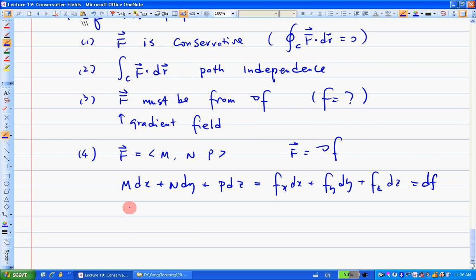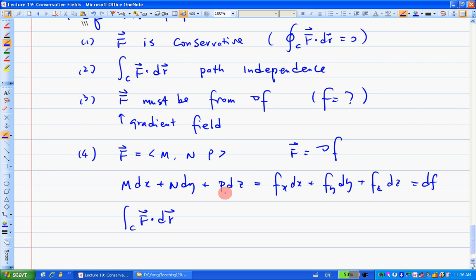This is basically from the line integral here. When you substitute F and replace it with del f, you end up with this one here.